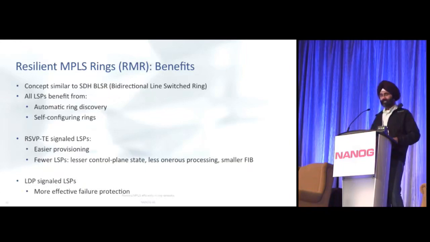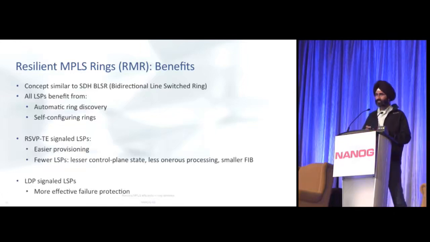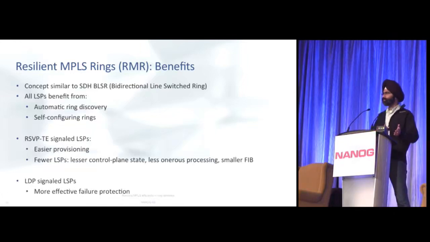And that plays to the financial efficiency point that I mentioned on the first slide that operators care greatly about. Now, if you were to be using LDP on your ring, by using RMR, you get more effective failure protection as compared to other schemes that exist out there. And we'll look at in a subsequent slide how it's more effective.